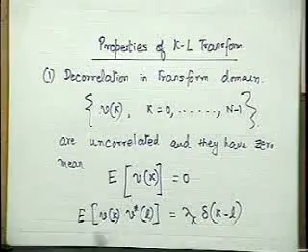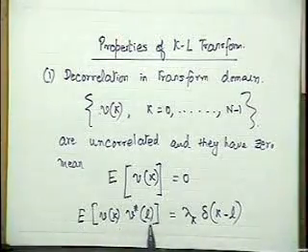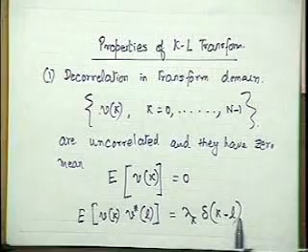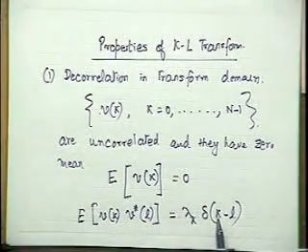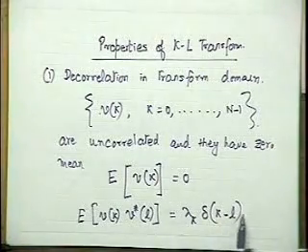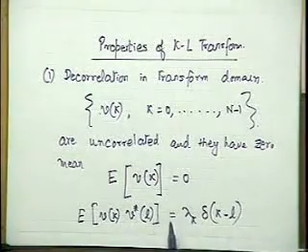So we have to prove that expectation of Vk equal to 0 and expectation of Vk V star L is this expression, so that when K is equal to L it is non-zero, and if K and L are unequal, then it is equal to 0.